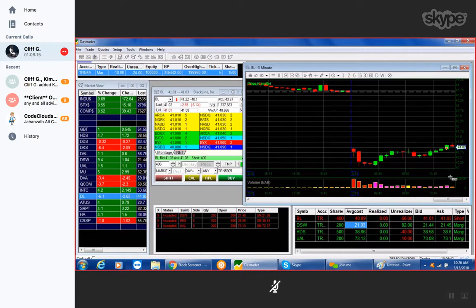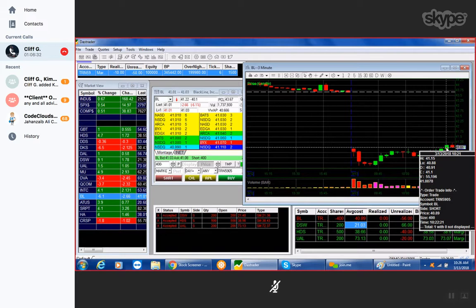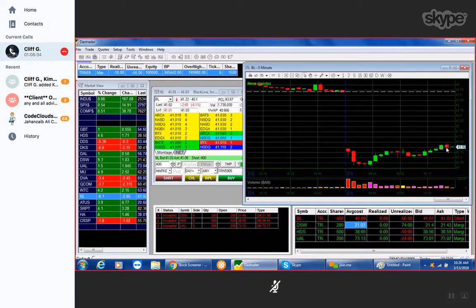That's why I canceled my stop loss, because it looks suspicious to me that all morning long this stock has not traded above 41, and then a little tail comes up, takes everybody out possibly, and I didn't want to be one of those people taken out. So I yanked my stop loss. Well, I didn't put it in at 41.06 or 07, but that's where I would have been.